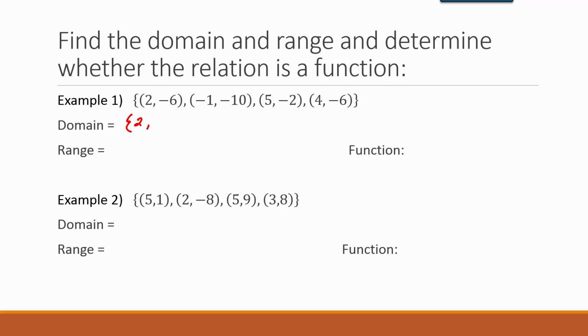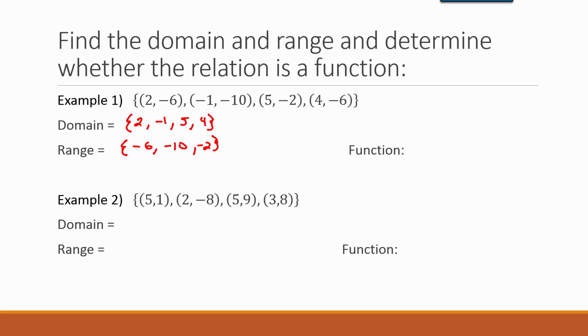So 2, -1, 5, and 4. The range is the second element in each ordered pair. So -6, -10, -2, and there's no need to write -6 again.